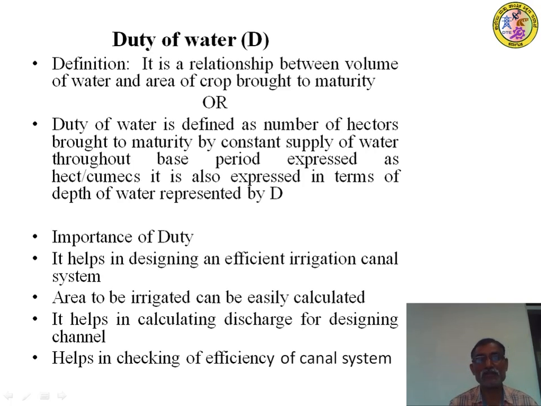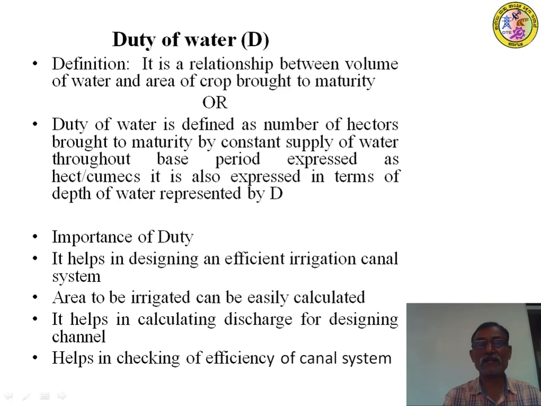Next, a very important thing is duty of water. Duty definition: it is the relationship between volume of water and area of the crop brought to maturity. Or once again, duty of water is defined as the number of hectares brought to maturity by a constant supply of water throughout the base period, expressed as hectare per cubic meter per second (cumec).